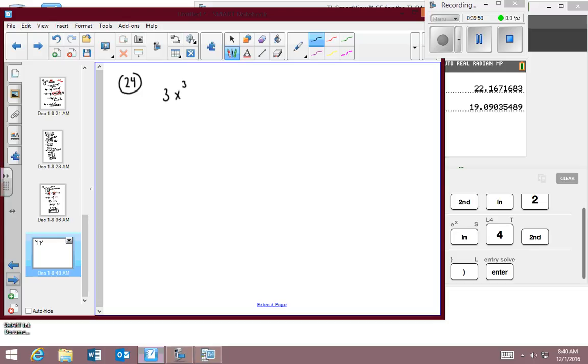Next: x cubed y to the fourth minus ln of (x cubed y) equals 5. I want to differentiate that. So this is the chain rule.